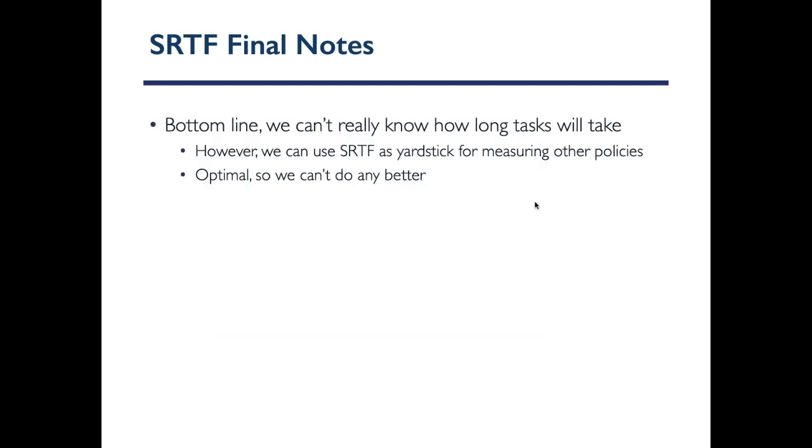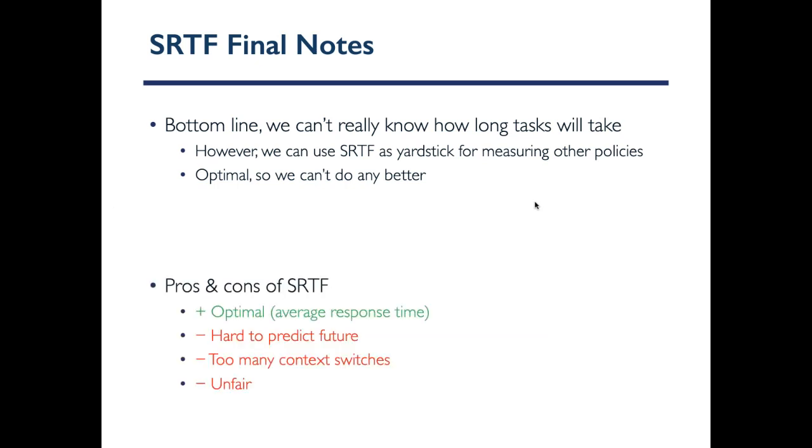So we talked about shortcomings of this scheduling policy, the biggest of which is it's sort of impractical. But the upside is that it's a good benchmark to compare other policies with, because it is optimal and it's provably optimal.